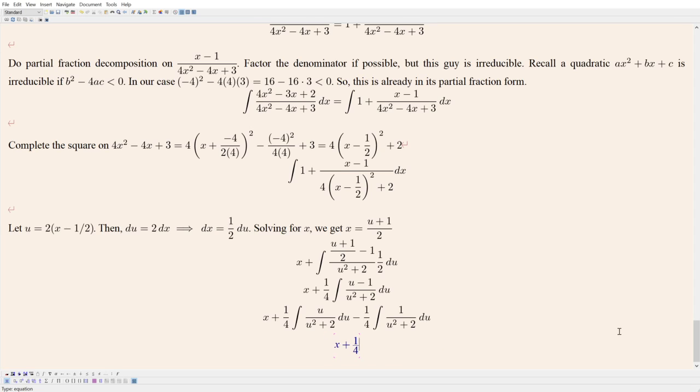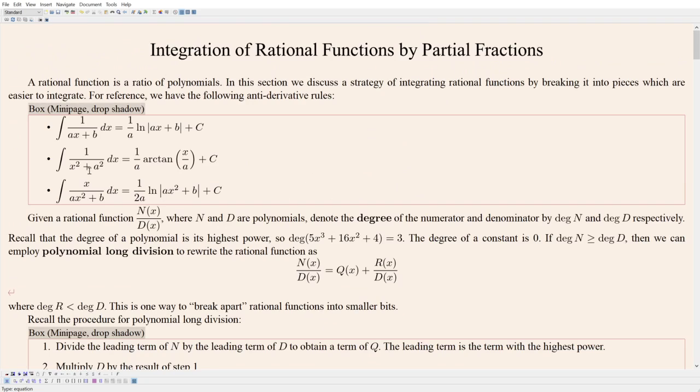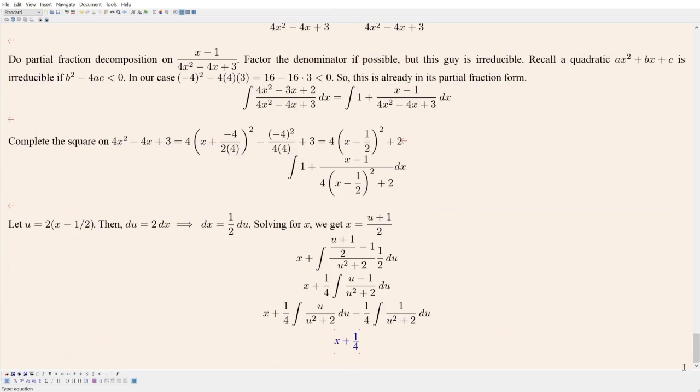Okay, so now this is exactly like the formula up here, where a is equal to 1 and b is equal to 2. So may as well combine this into 1/8. And then as for this part, this is exactly that arctangent formula.